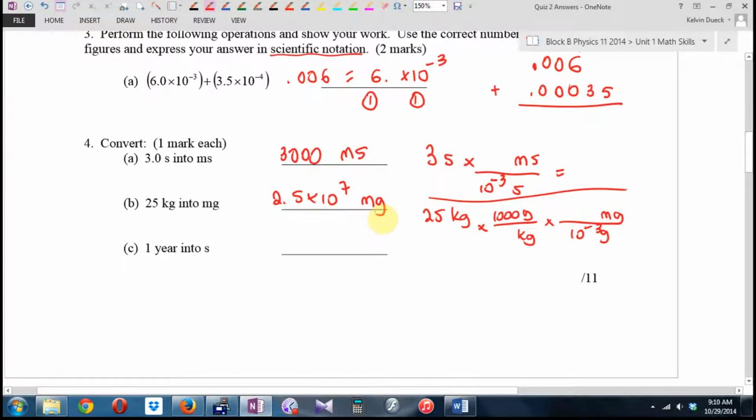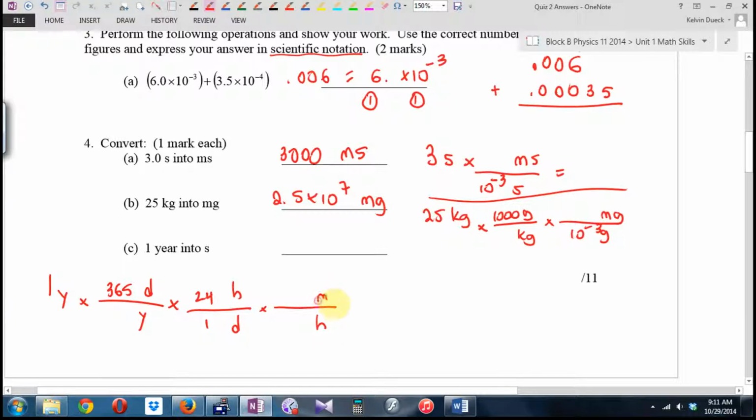1 year into seconds. Okay, 1 year times, cancel years, days, 365. Cancel days, hours, 24. Cancel hours. You might remember how to go to seconds. You may remember that there's 3,600 seconds in 1 hour.